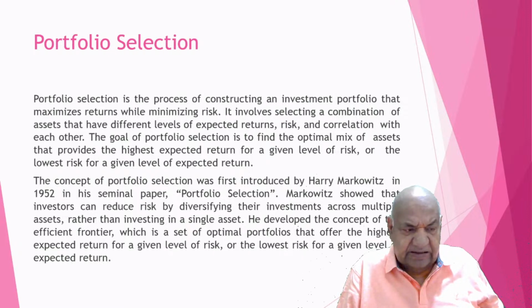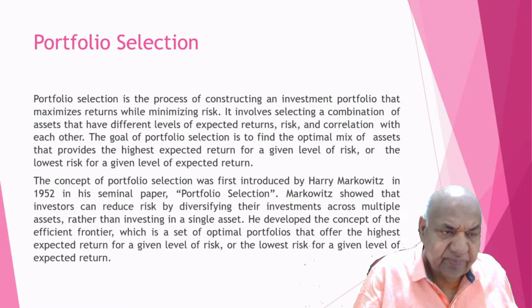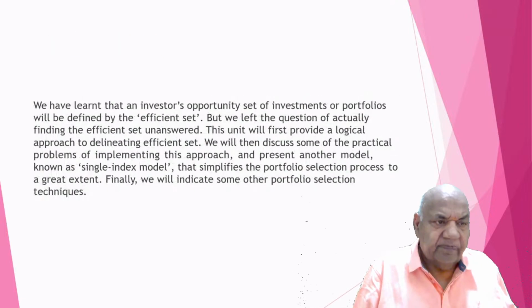He developed the concept of the efficient frontier, which is a set of optimal portfolios that offer the highest expected return for a given level of risk or the lowest risk for a given level of expected return.